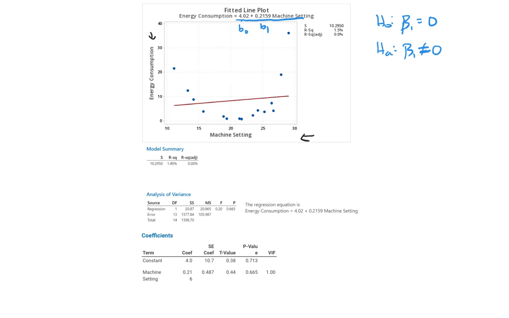And just eyeballing it without even looking at our test, this line has a slope that's not particularly steep. So we're thinking maybe this is evidence that there is no linear relationship. And we'll talk about how to see that again in 1 second. But let's just look at our data. I'm going to go to the coefficients. If we look down here at machine settings, here's our coefficient, our slope.